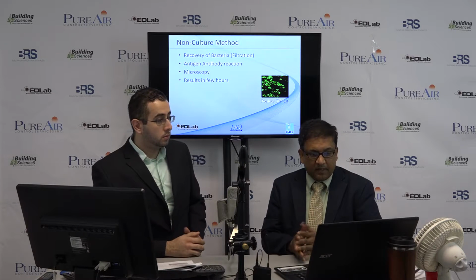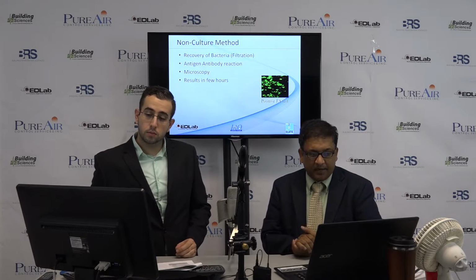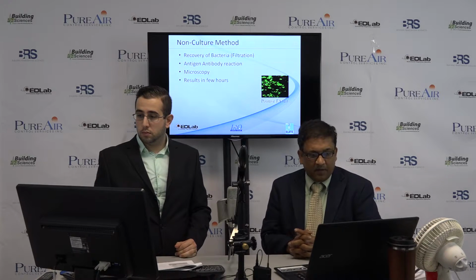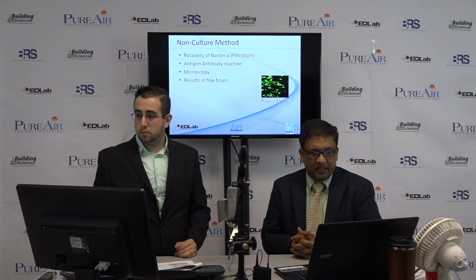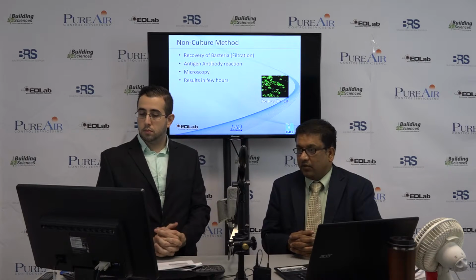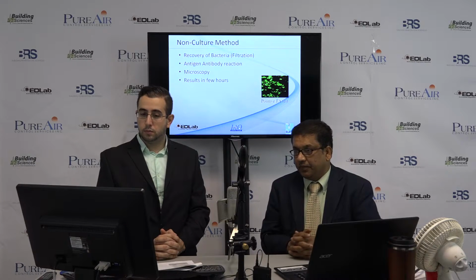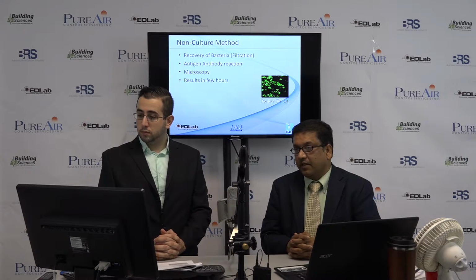So for the non-culture method, I have given you a snapshot in my previous slide. The very important thing is the isolation of bacteria, which is often initiated with filtration.